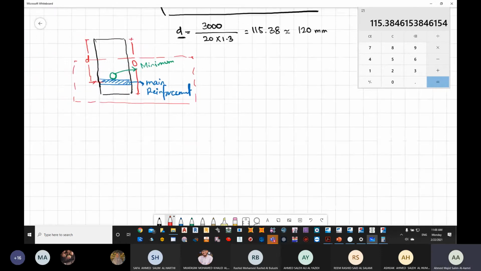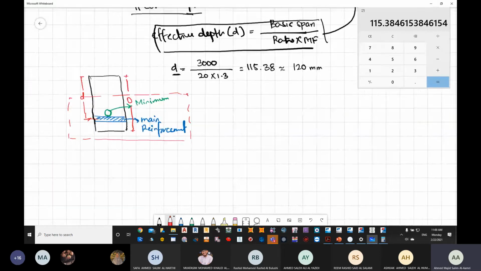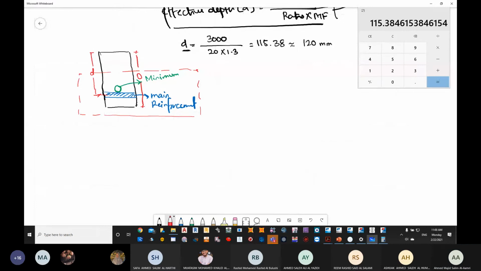Now, if we are going to see a zoomed section, you can see that we have our bar, and D was till half of the bar. So what is the remaining thing?